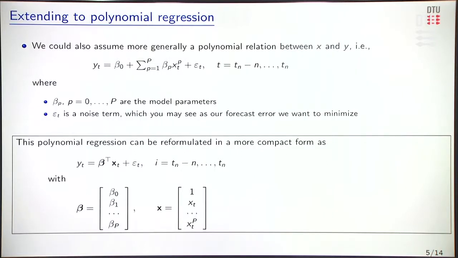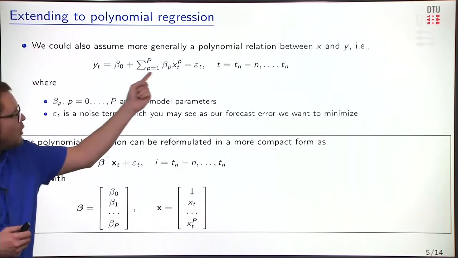Now that we have our basis right, we could actually assume more generally that instead of using only x as an input variable, we can design features that are x to the power of 2, x to the power of 3, etc. So this is the idea of polynomial regression, that we are going to look at extending the possibility to use x with different power values.